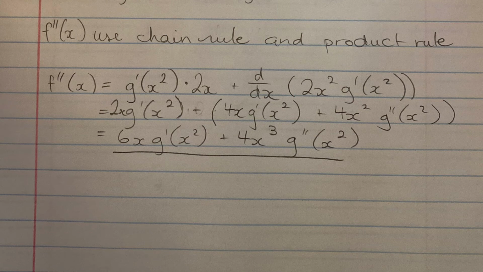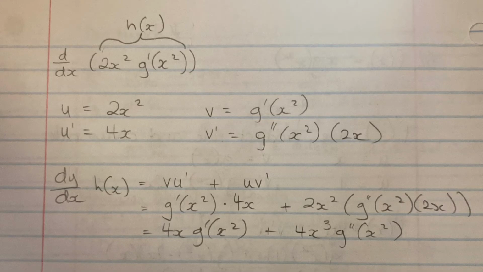So to find this differentiation, we use the product rule. So the product rule is the same as how we used it in the first step. It's just defining u and v and then plugging it into the function.